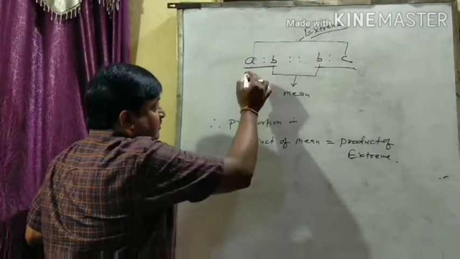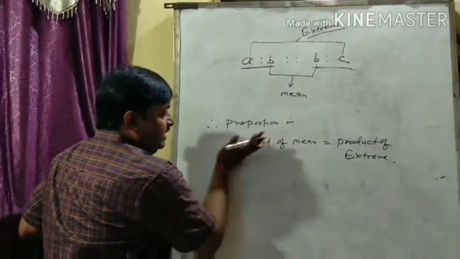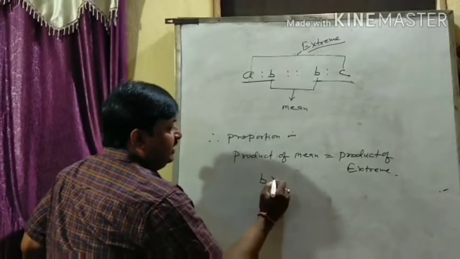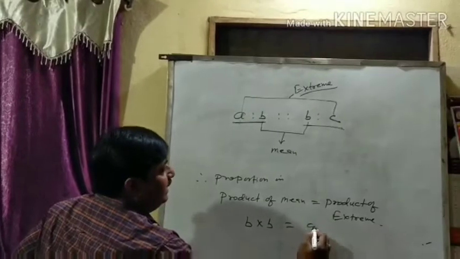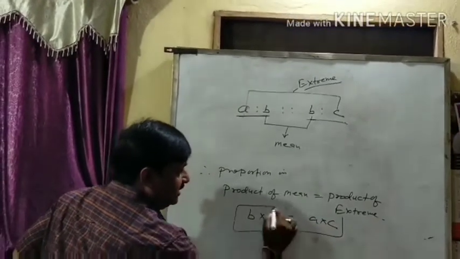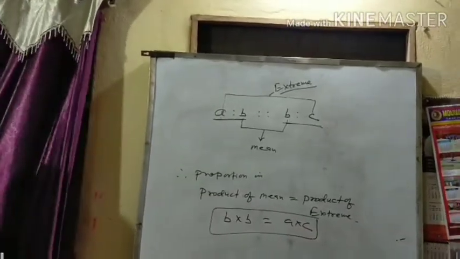In this example, the product of means, B into B, is equal to A into C.